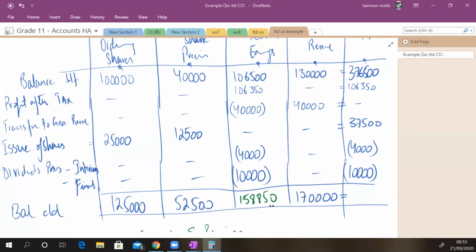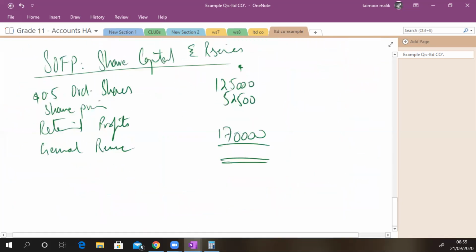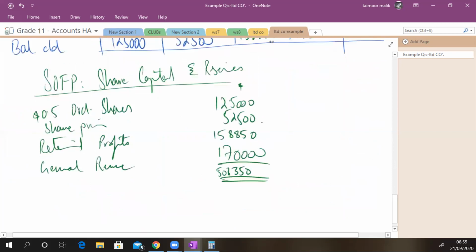So this total is 506,350. कितना है सर रिटेन अर्निंग? 158,850. ठीक है. ओके.